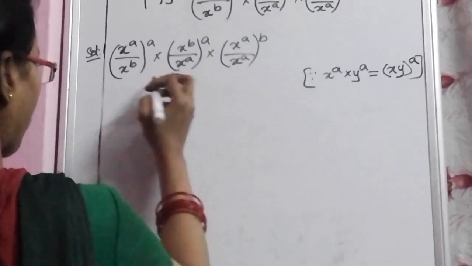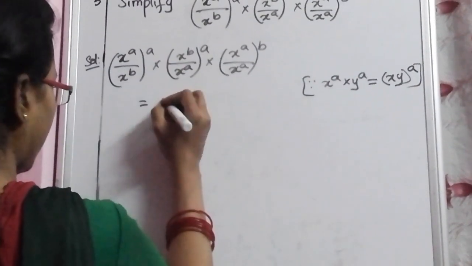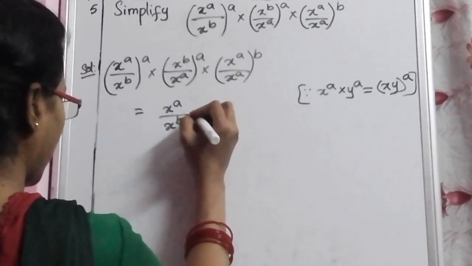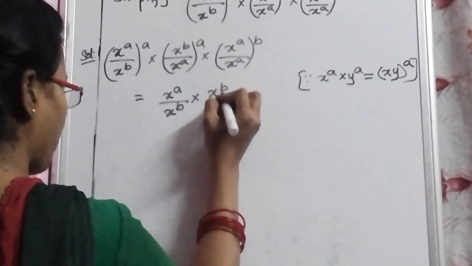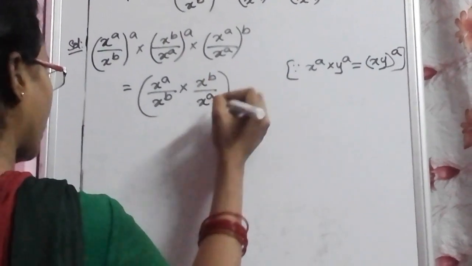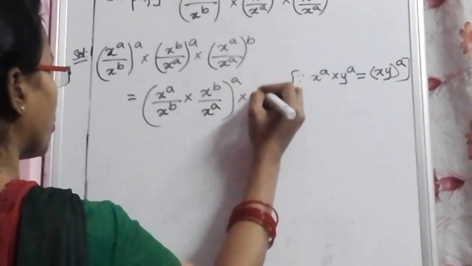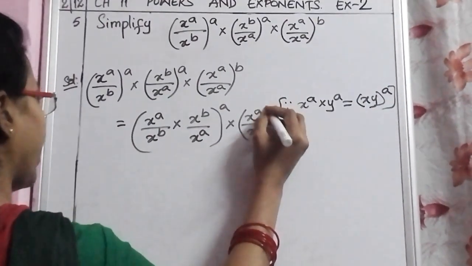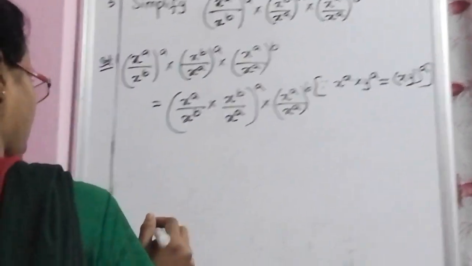This is the formula that you know already. So using the formula, we get (x to the power a by x to the power b into x to the power b by x to the power a) whole power a into (x to the power a by x to the power a) whole power b.